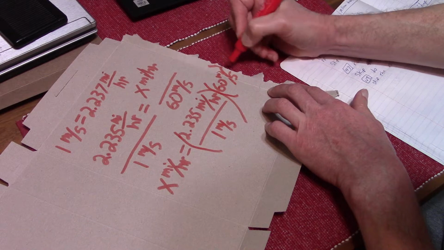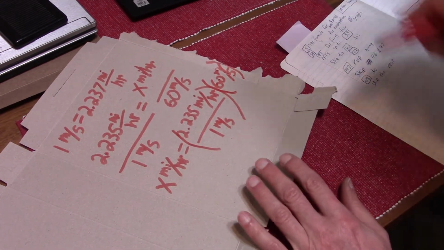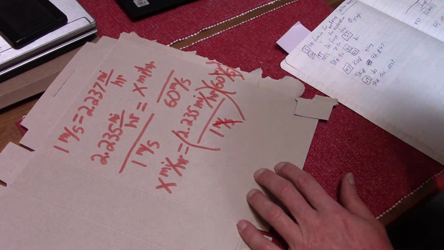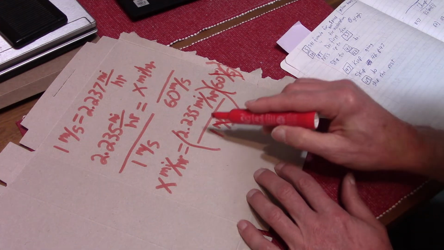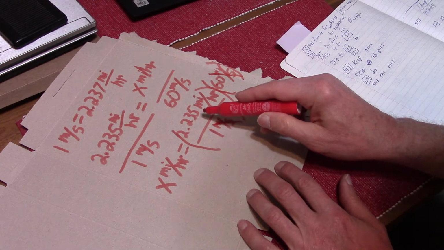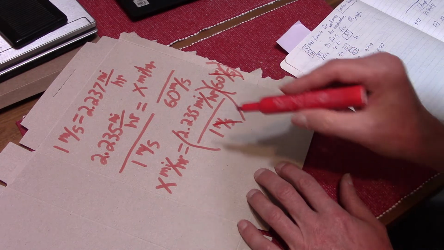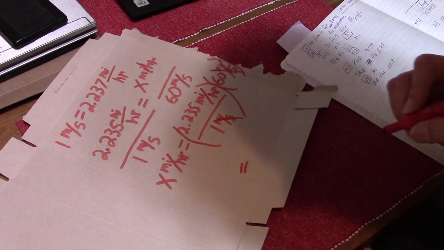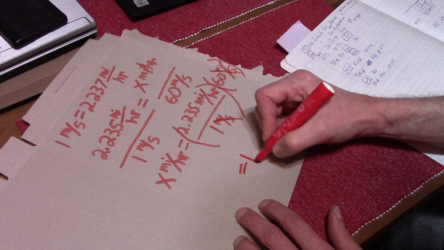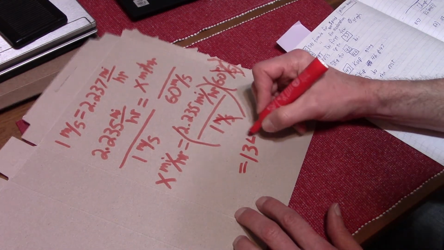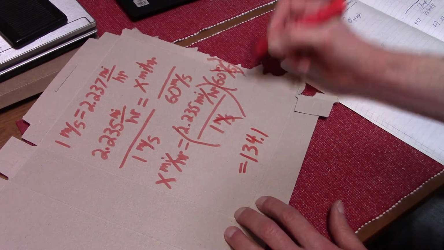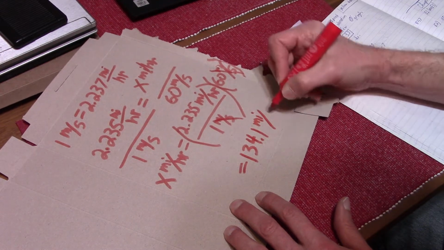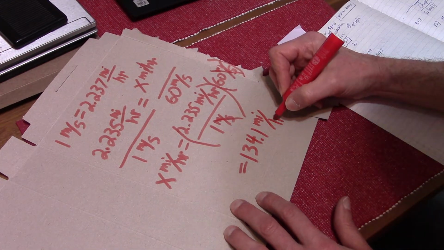Now the meters per second cancel out, and then you multiply through. 2.237 miles per hour times 60 equals 134.1. The only units left are miles per hour. See, that works out.